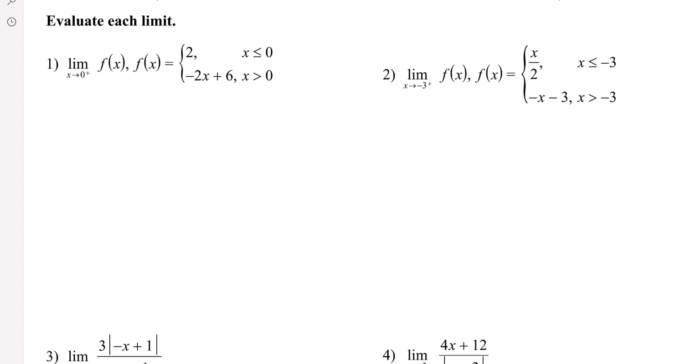Okay, one-sided limits mean as you are approaching, so here's 0, 1, 2, right? As you're approaching any number, this is the right side. This is the left side of that number.